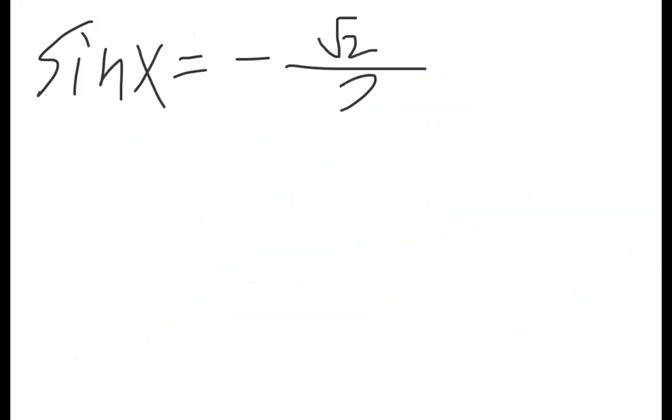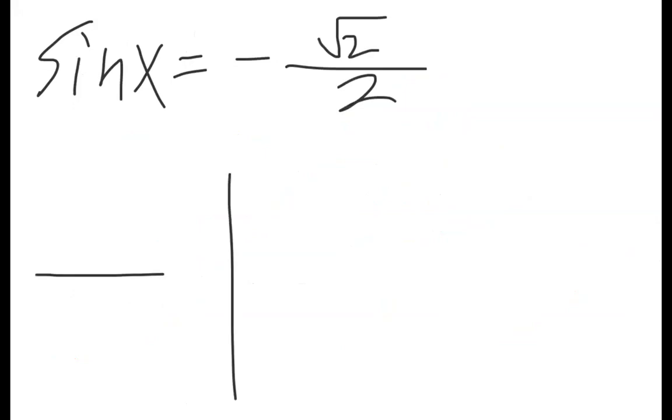The next one is that sine x is equal to minus square root of 2 over 2.